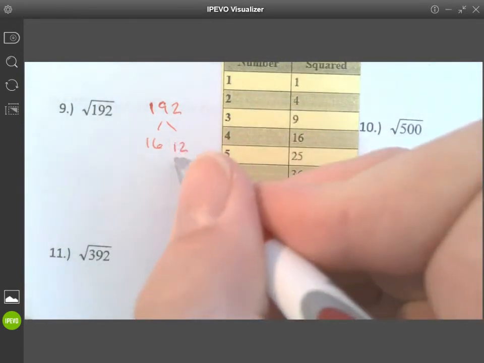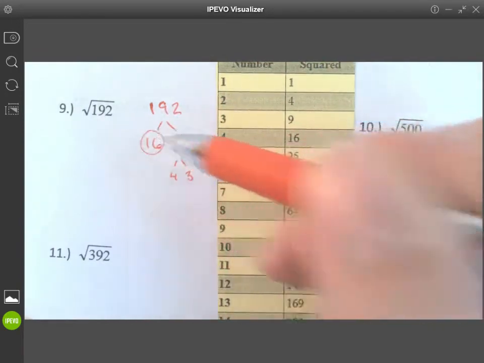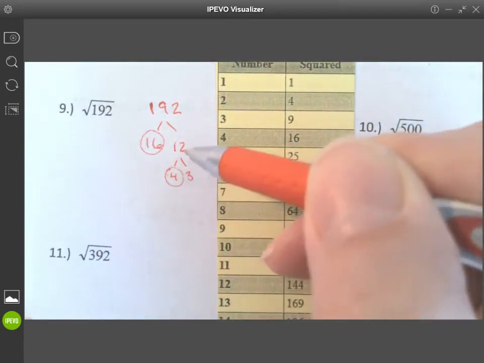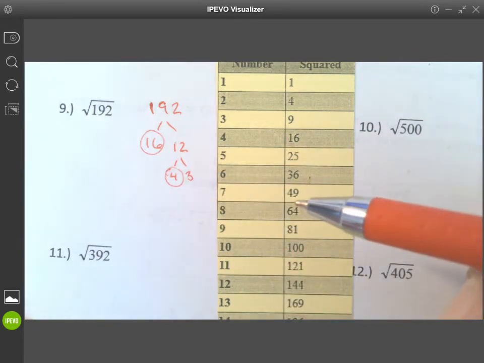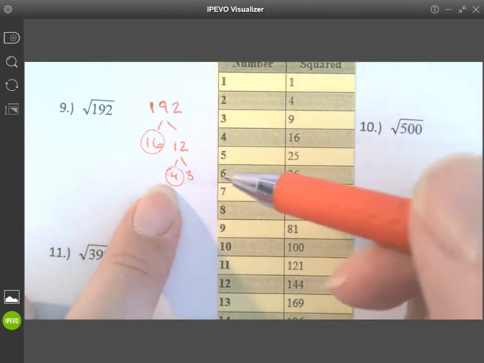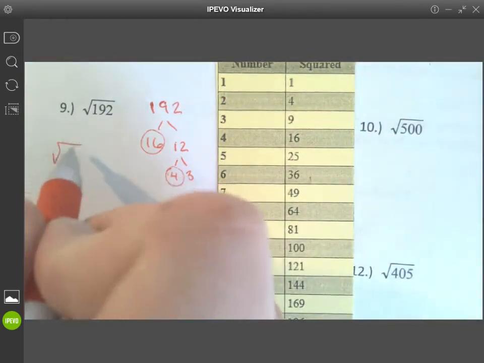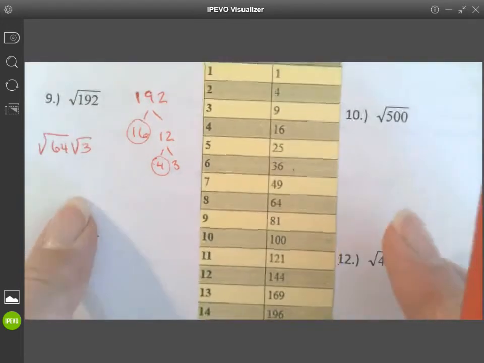So if you look at 12 and you see that 4 and 3, that perfect square was hidden in the 12. 16 times 4 is 64. If you multiply 2 perfect squares together that came from that number, you'll get the biggest perfect square that goes into it. So it's actually 64 times 3. Now, you're right.